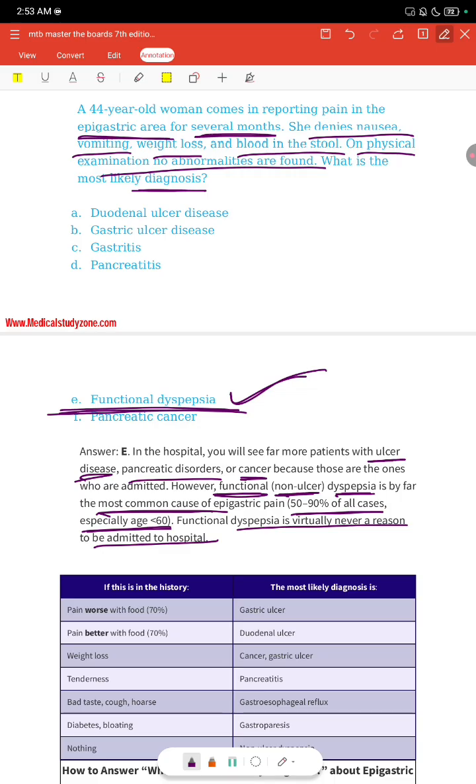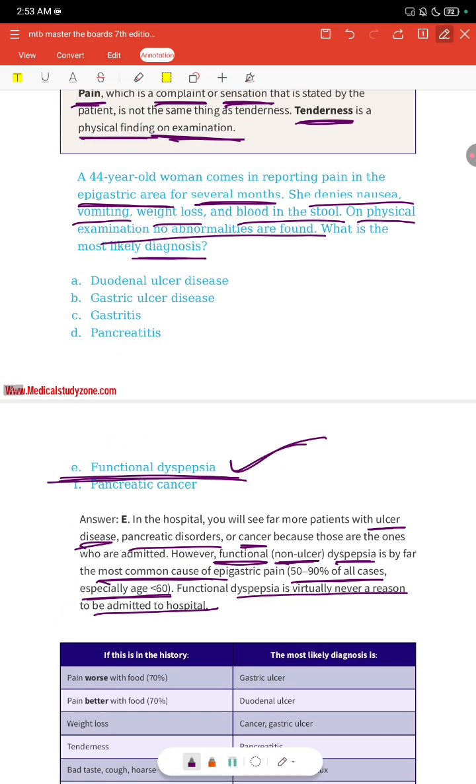So 50 to 90% of all cases, especially age less than 60, like this woman who is 44 years old and is reporting pain in the epigastric area, but she denies everything else which is important, like nausea, vomiting, weight loss, blood in the stool.